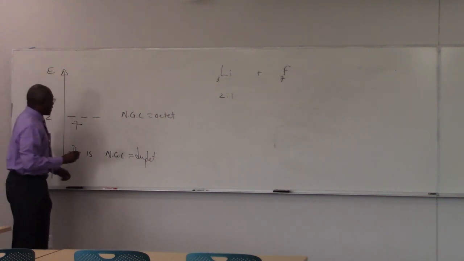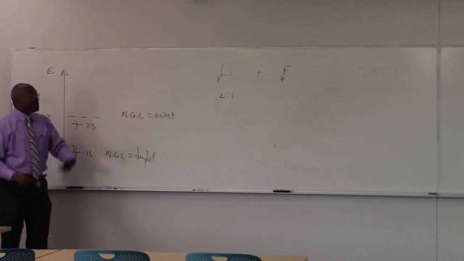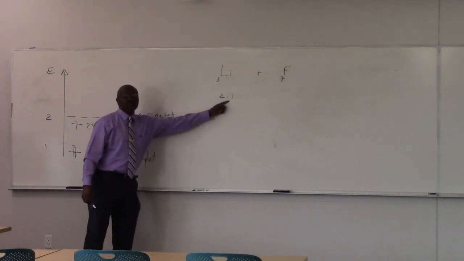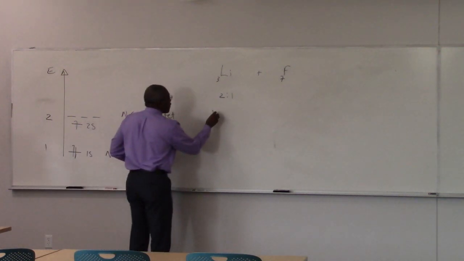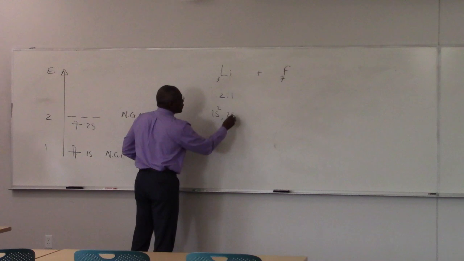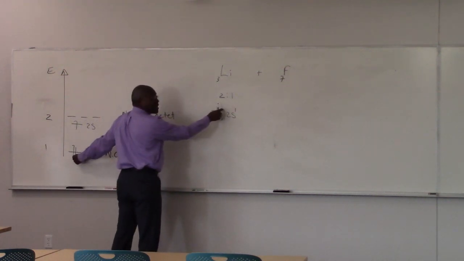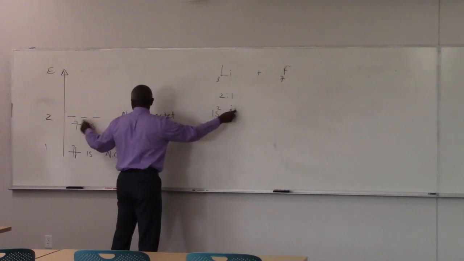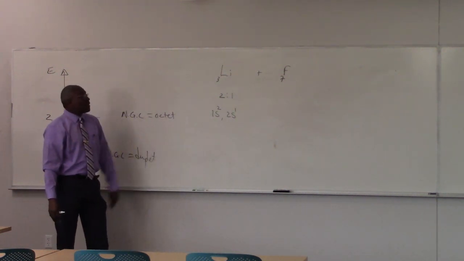So I can write lithium's configuration either as 2, 1, or I can say it's 1s2, 2s1, so the 2 electrons in the 1s orbital and 1 electron in the 2s orbital. Right? Those are equivalent depictions of lithium.